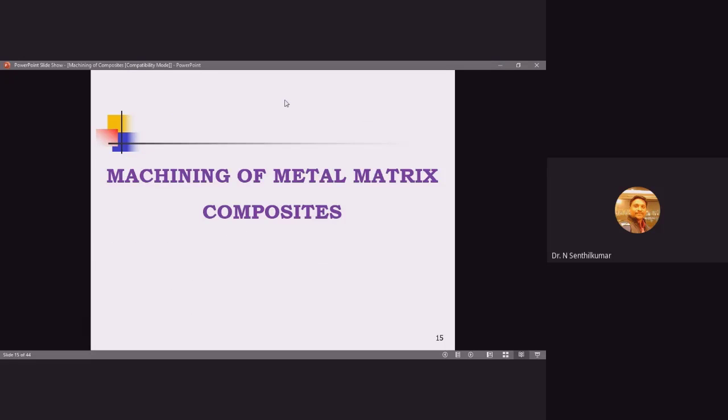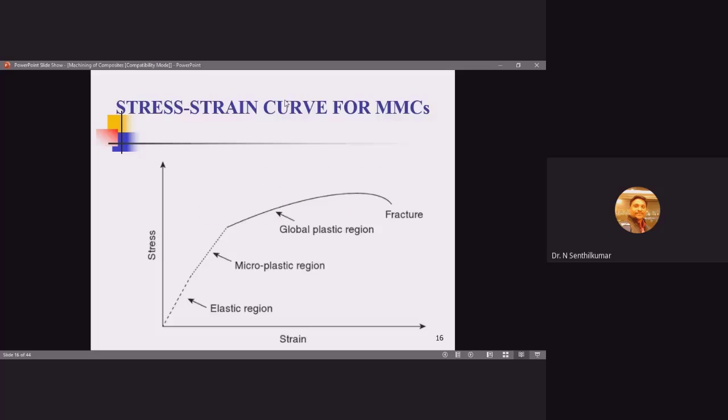Then we will see some of the main studies on metal matrix as well as polymer matrix composites. First we will move on to the metal matrix composites. First we have to look into the stress strain curve for MMC, because here we are going to shear off some material. Some material has to be removed or fractured from the workpiece. Then only it can be removed.